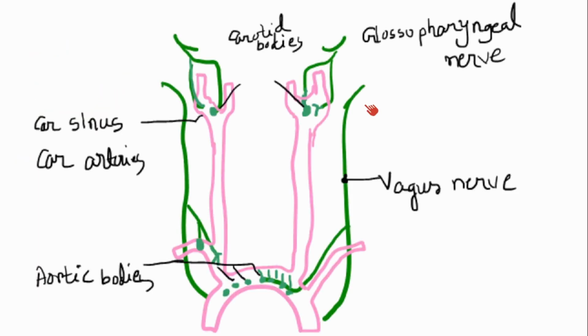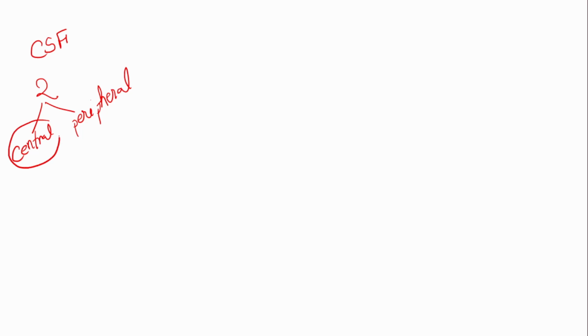To achieve this, the respiratory system relies on two anatomically and functionally distinct populations of sensors. One is central chemoreceptors, another one is peripheral chemoreceptors. Let's first draw the central chemoreceptors. The central chemoreceptors are located inside the central nervous system on the ventrolateral surface of the medulla oblongata.